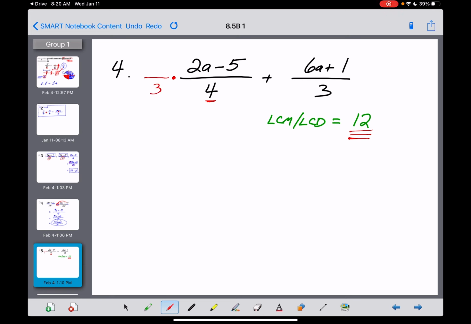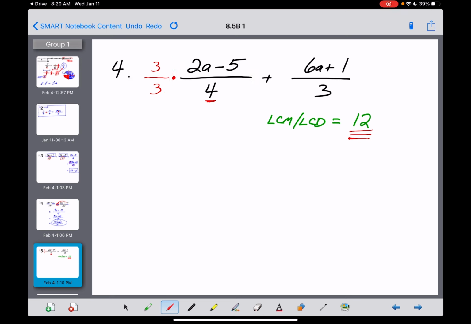So you're going to put a 3 on the bottom, and then you have to put a 3 on the top as well. The reason for that is because the numerical value of 3 over 3, anything divided by itself other than 0, is 1. So you're taking this original fraction, 2a minus 5 over 4, and you're really just multiplying it by 1. That'll change the format of the fraction, but it won't change the value of the fraction.